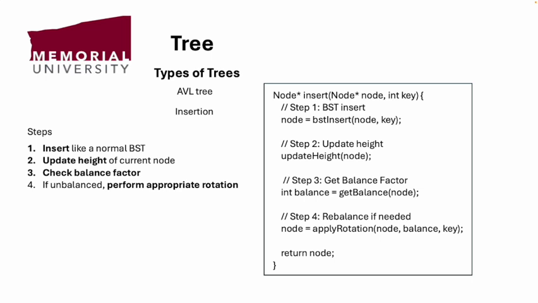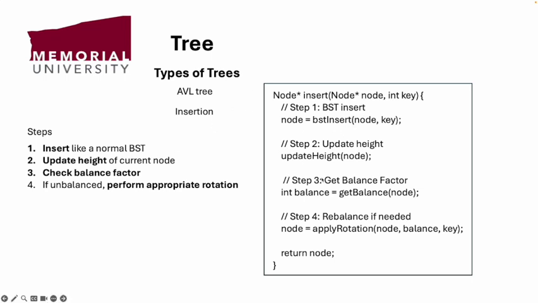Second, we want the tree to still be an AVL tree after insert, so we apply steps 2 to 4. First update the height of the current node and check the balance factor. If it's not balanced, we need to perform the proper rotation. That's how insert works in the AVL tree.